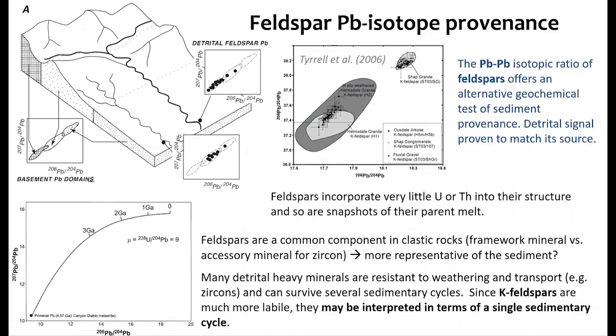Feldspars, Jan has done an excellent job, so I won't go too heavily on this. This time, again, like we've talked about, we're taking a detrital feldspar grain. What I will add is that one of the cool things about feldspars is that they are more labile than zircon.